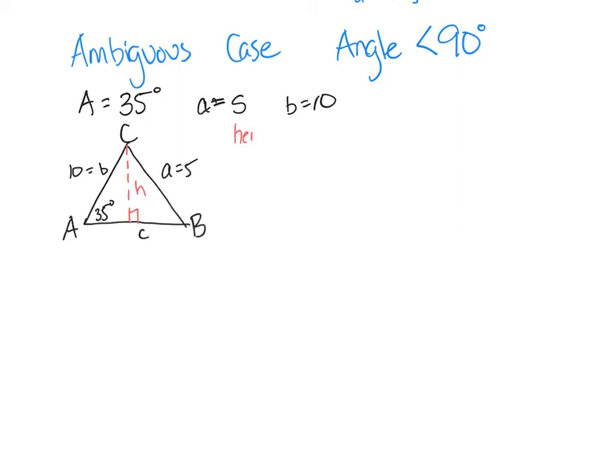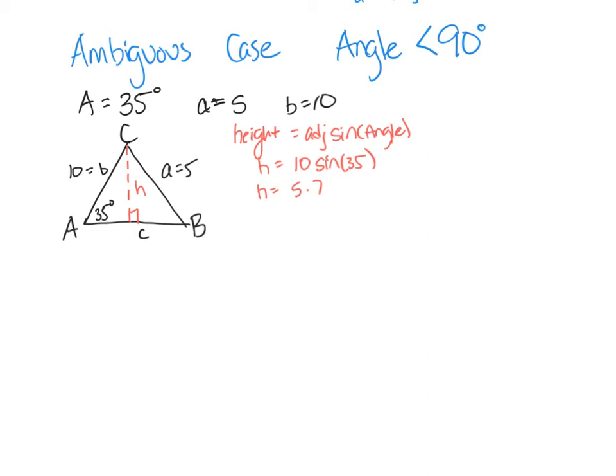Remember, your height is always going to be equal to your adjacent side, or whatever side is next to the given angle that we know, times sine of that given angle. So in this case, our height is going to be 10 times sine of 35. Once I plug that into my calculator, I get 5.7.